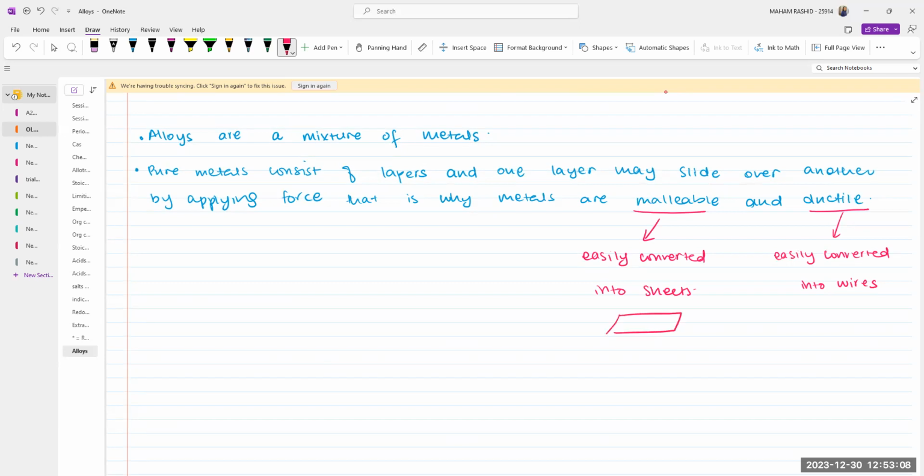So we have very thin sheets of metal that are usually used in window panes, etc. So there's that, and wires, as you know, electric wires, any sort of wires, that's called ductility of a metal.